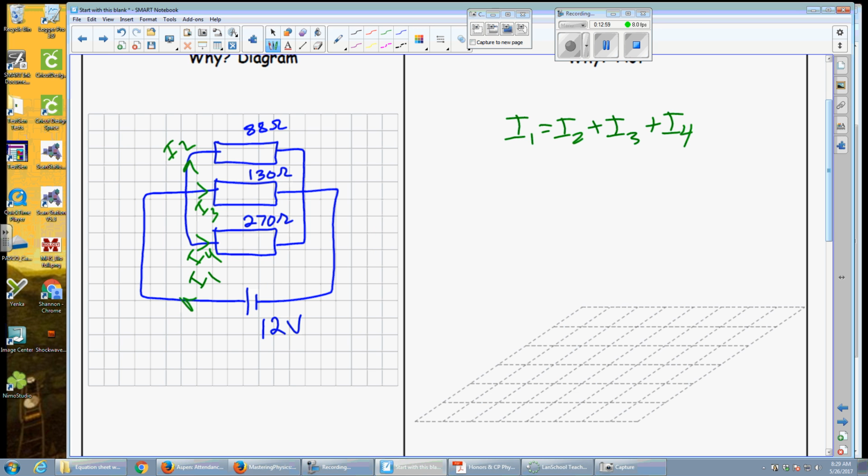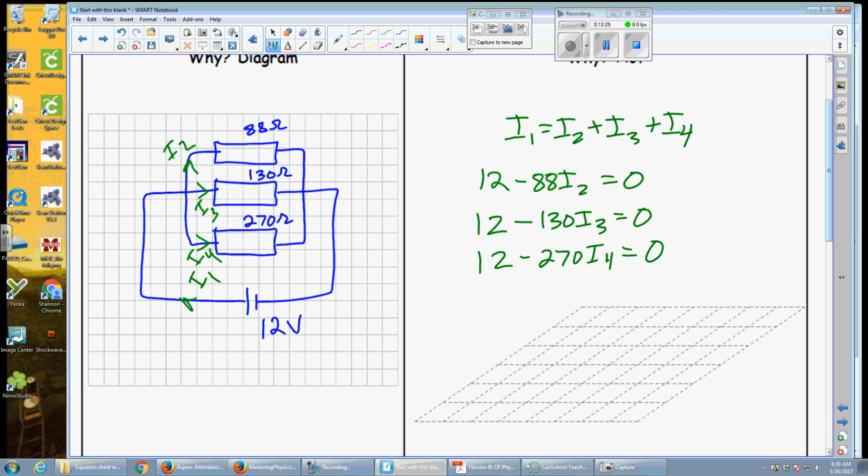That single junction. And there are a total of, let's see, 3, 4, 5, 6 loops. So I would start off 12 minus 88 I2 equals 0. 12 minus 130 I3 equals 0. 12 minus 270 I4 equals 0.